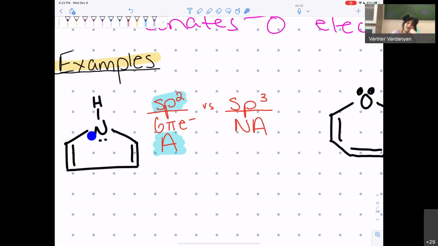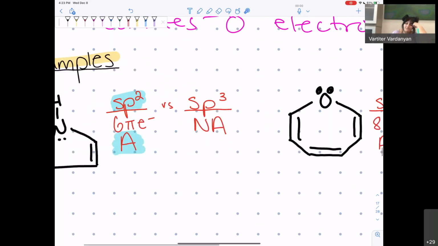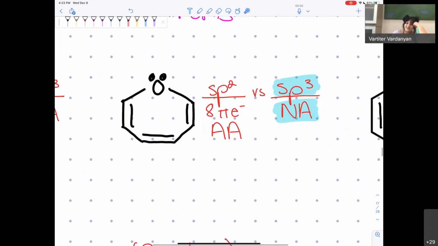If this was sp2, it donates 1 lone pair, which is 2, 4, 6 electrons. 6 electrons would be aromatic, so this is the better option. In this next example, we do the same thing, except if it's sp2 and donates 1 lone pair, we have 8 electrons, and 8 electrons is anti-aromatic. That sucks, so we pick sp3, which is non-aromatic.